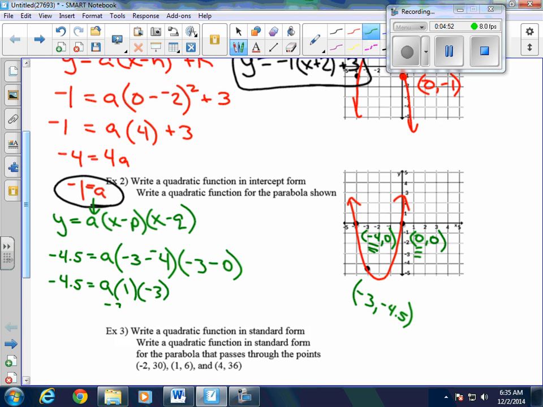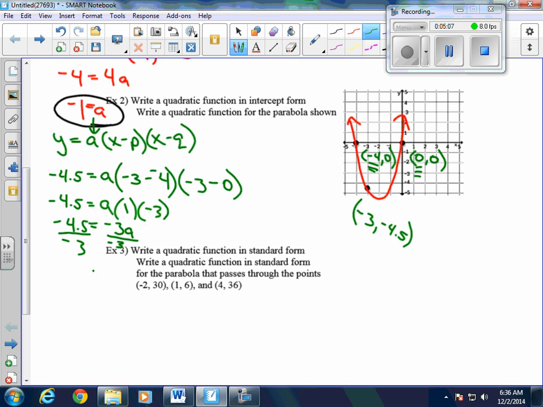So this is -3a equals -4.5. We divide both sides by -3, and we get that a is positive 1.5. And if we write this as a fraction, that would be 3 halves.